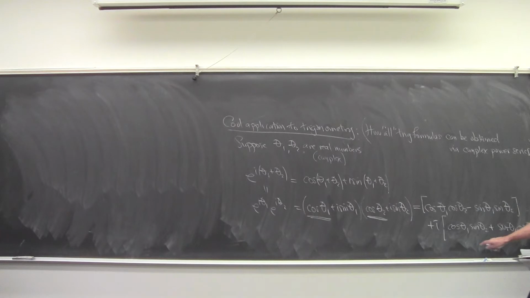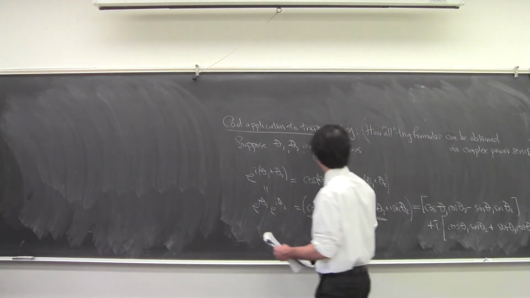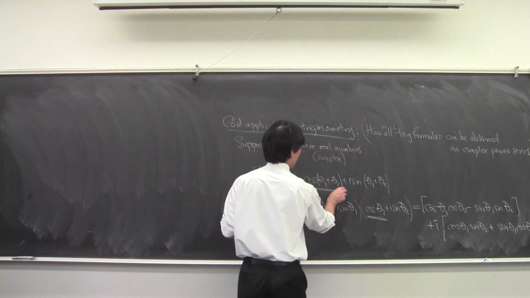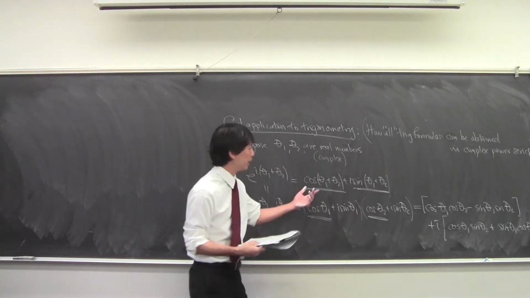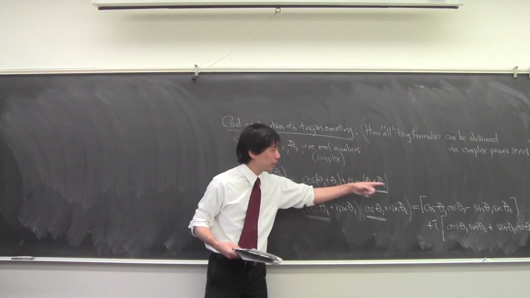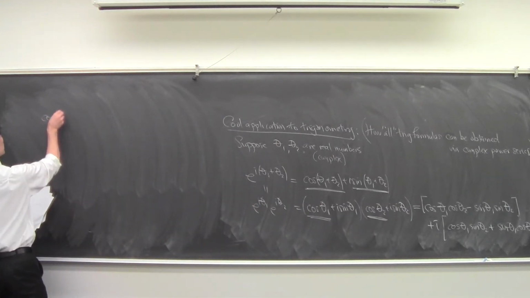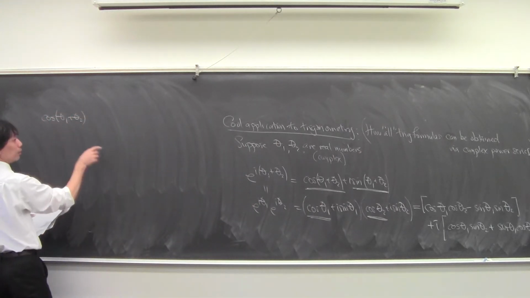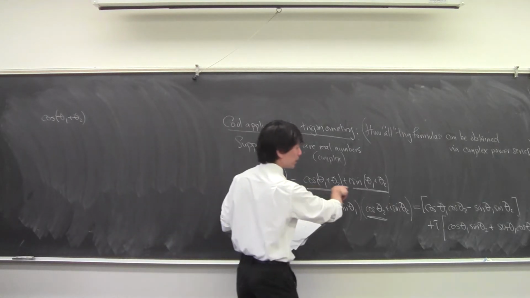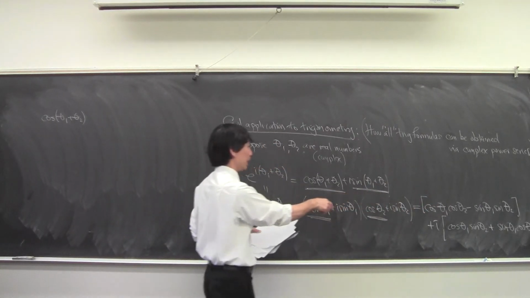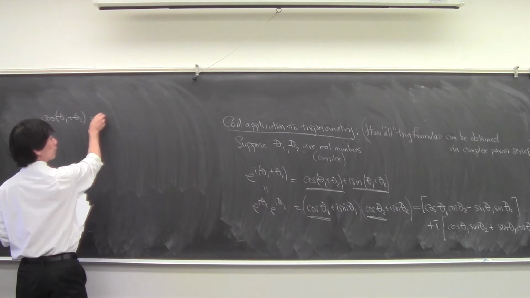And so you recognize that this tells me what cosine of a sum is. The real part of cosine theta 1 plus theta 2 must be the real part of that, because they're the same thing. So the real parts are equal.